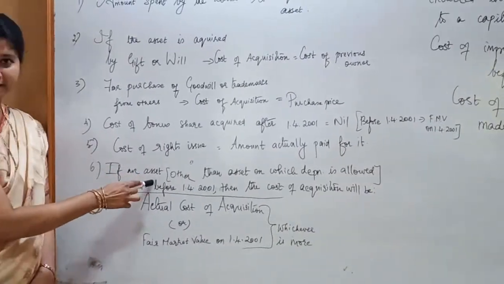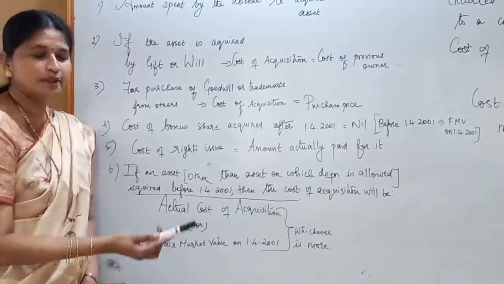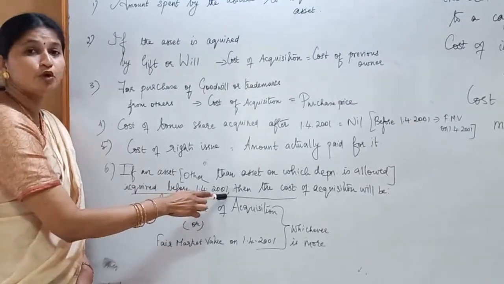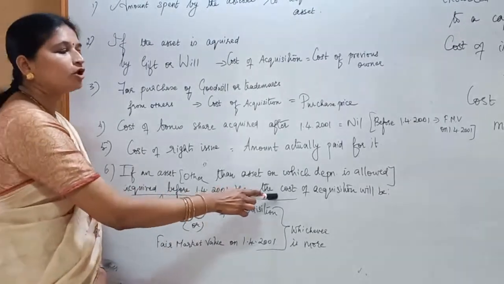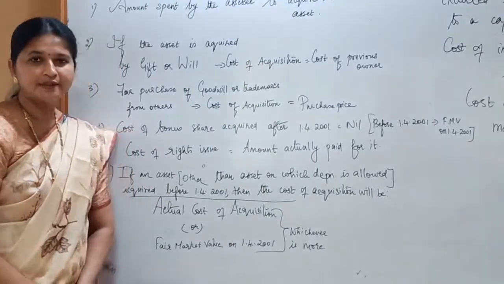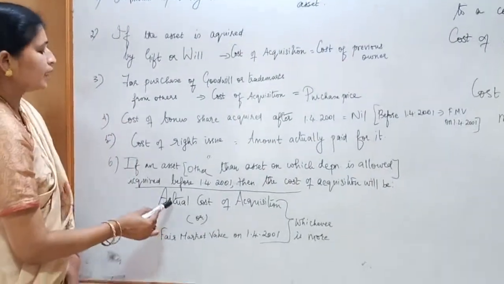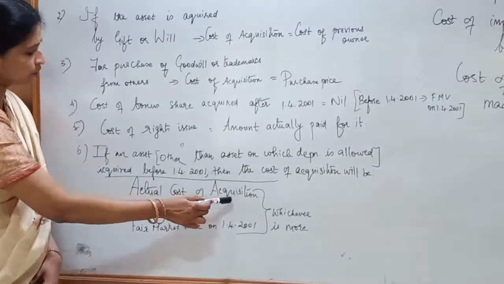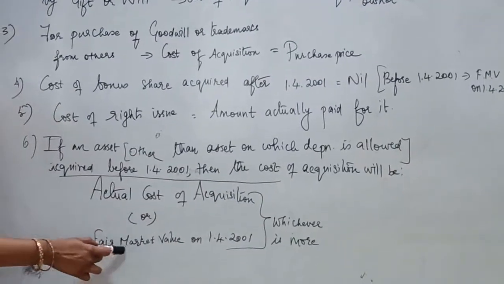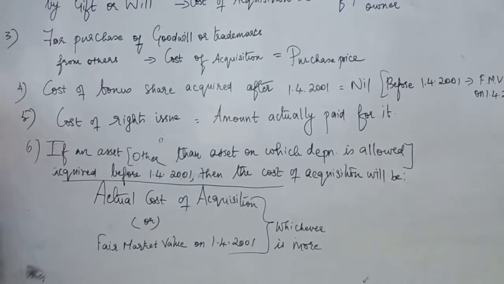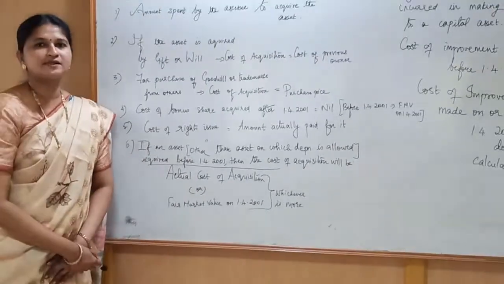If an asset other than depreciable asset is acquired before 1/4/2001, then the cost of acquisition will be the cost beneficial to the assessee. Usually, the actual cost of acquisition or fair market value on 1/4/2001, whichever is more, will be the cost of acquisition.